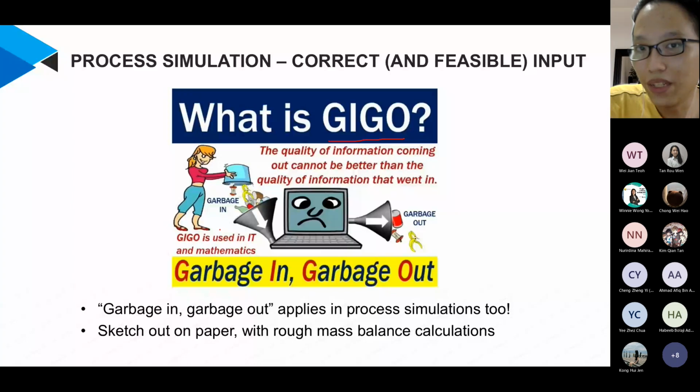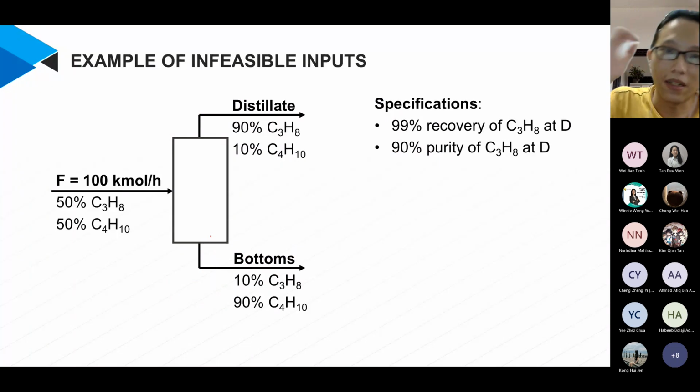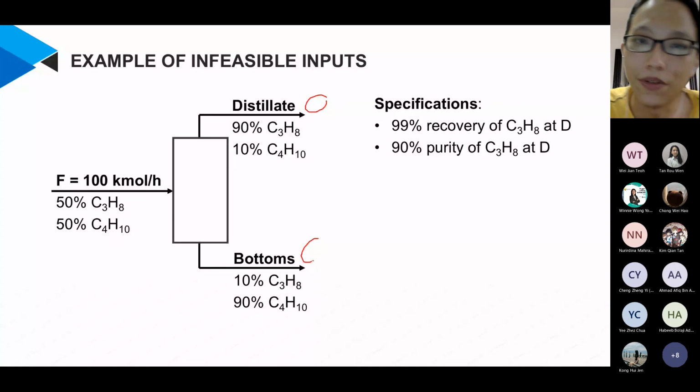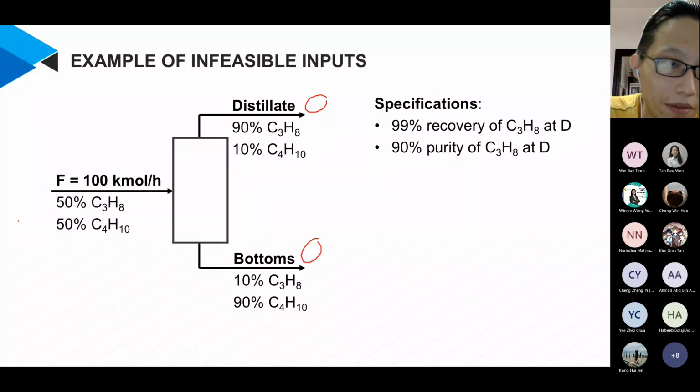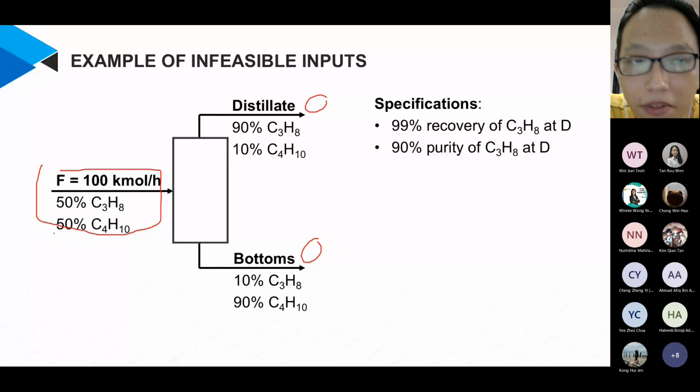So I'm just going to show you this very simple thing. Let's say I'm a student trying to do this simulation. I want to know what is the distillate flow rate and what is the bottom flow rate. Sounds simple, right? I have a given feed of 100 kilomole per hour, 50% propane, C3H8, 50% by mole butane, C4H10.